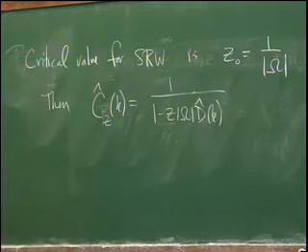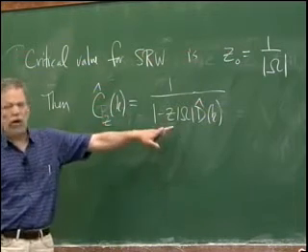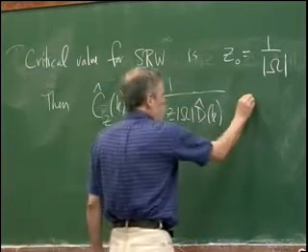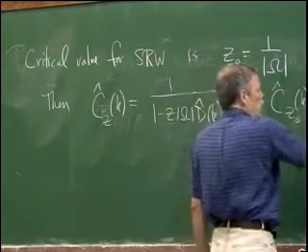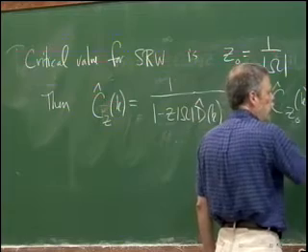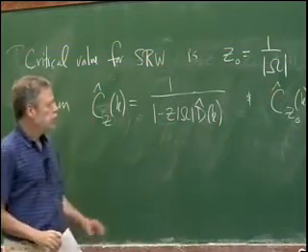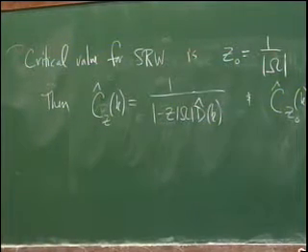And you can see that the simple random walk susceptibility is what you get when you put k equals 0. It's just 1 over 1 minus z times omega. So at the critical point, C_z0 hat of k is 1 over 1 minus D hat of k, because the z_0 cancels the cardinality.